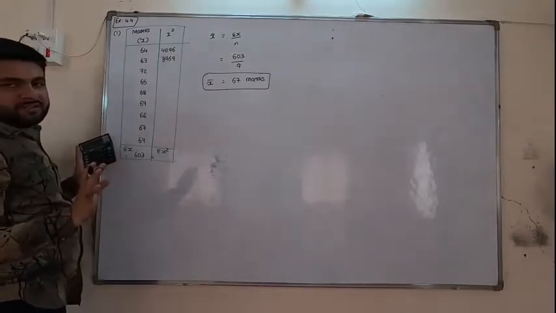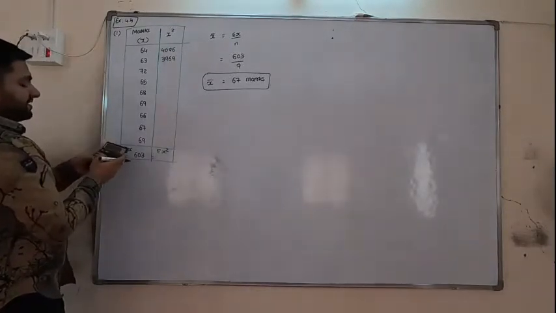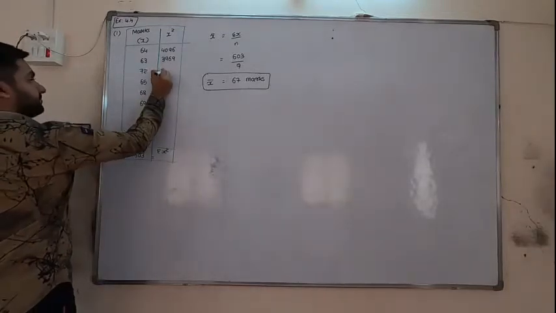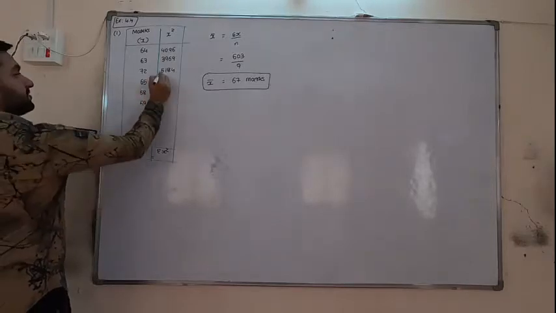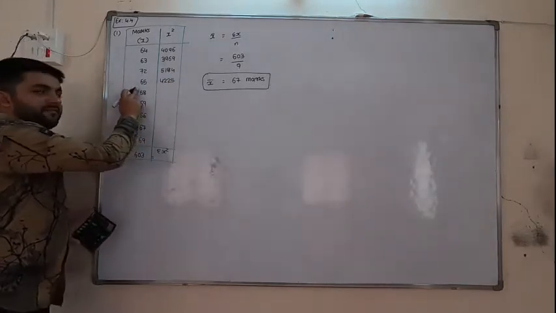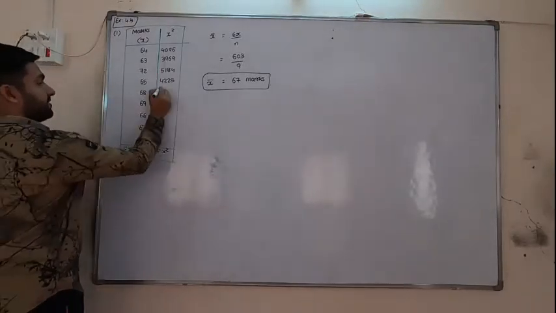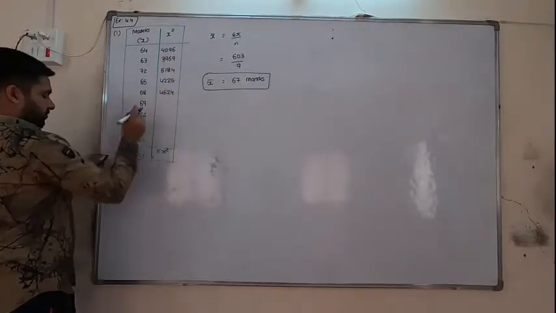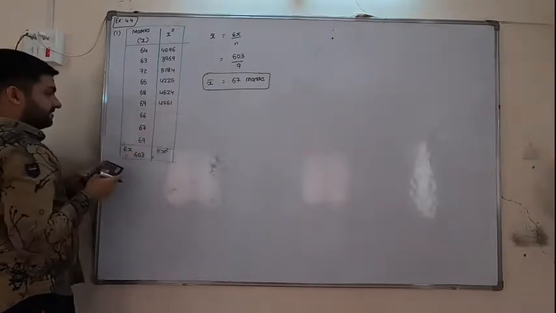See, we have calculators, so don't worry about the values. 72 into equal to 5184. 65 into equals to 4225. So what is the simple method? The value into an equal to, so it is square. 68 into equal to 4624. 69 square is 4761.